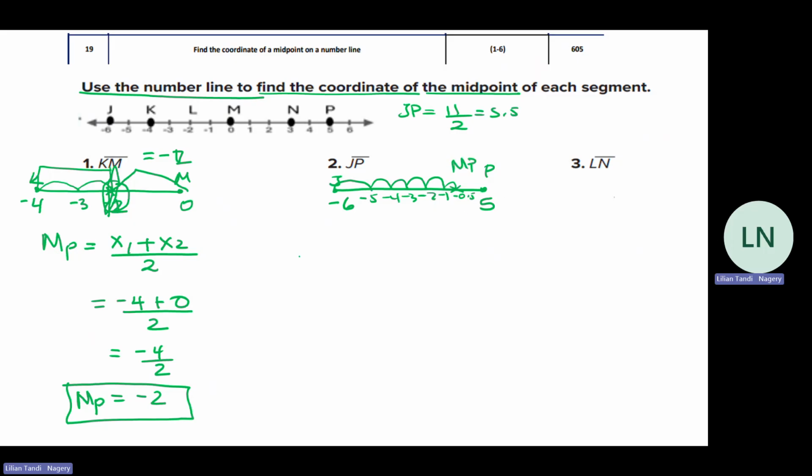Now let's check. My answer here, the midpoint of JP, will be at -0.5.